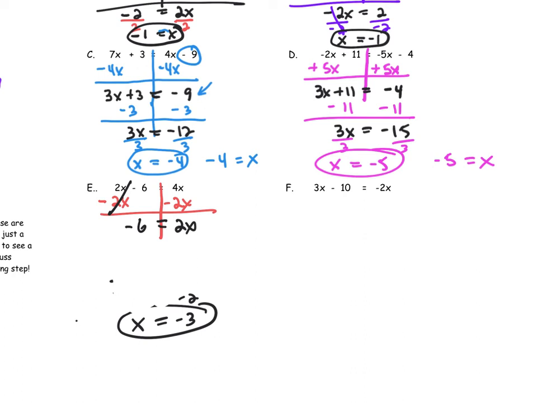So now I just have one more solving step to finish this up. I'm going to divide by 2 on both sides, and the answer is going to be -3 equals x. And that's exactly what we had last time. It was just x equals -3, which means the same thing.